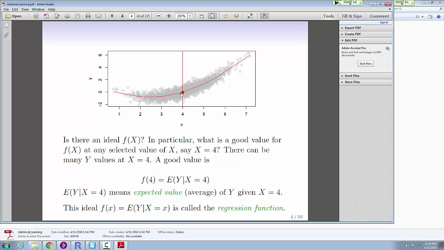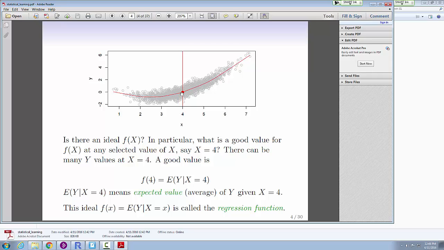The value of the line, or the curve, at a particular value of X. So you tell me the input values, what is my prediction? It's the function f hat evaluated at those input variables. In this case, there's only one input variable, so my prediction is just f hat, the red curve, evaluated at X equal to 4. That's my prediction.